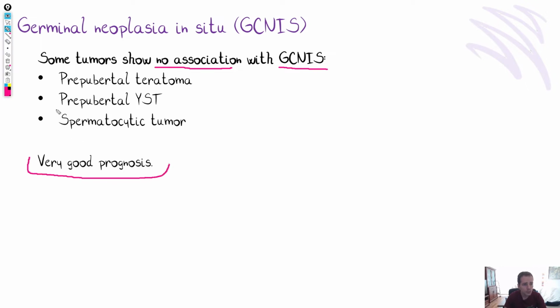It is questioned whether prepubertal yolk sac tumor is really this case. Maybe there is some precursor lesion, we just didn't recognize it. But till these times, we still consider it a part of this group of tumors.